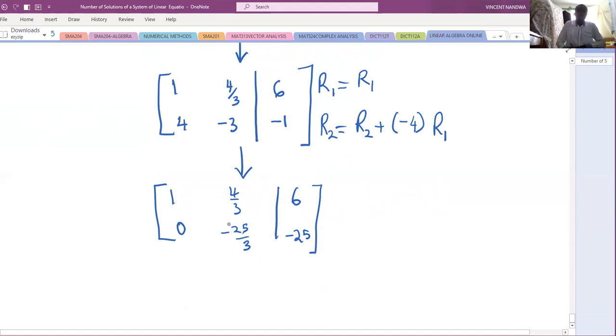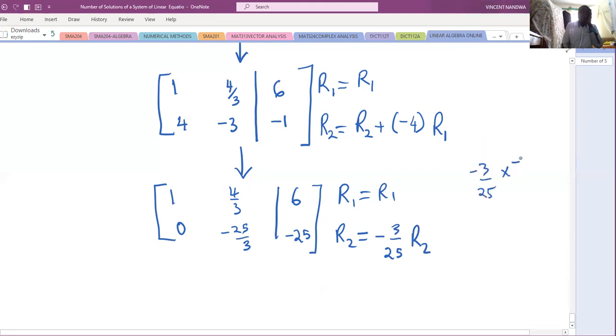And we also expect this one to be 1. So for us to get this one to be 1, we maintain row 1 as row 1, and then row 2 will be given by, what do I multiply by -25/3 to get 1? That should be -3/25 R2, because negative 3 over 25 times minus 25 over 3 gives 1.